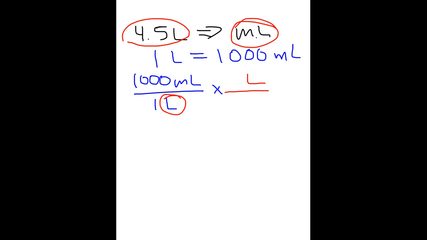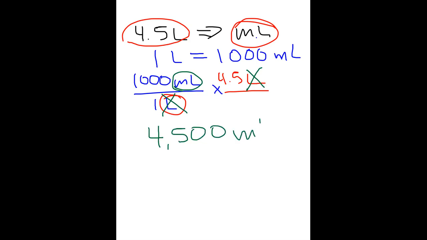So that would be 4.5 liters. That way, our units will cancel and we're left with milliliters. So 1,000 times 4.5 will give us 4,500 milliliters.